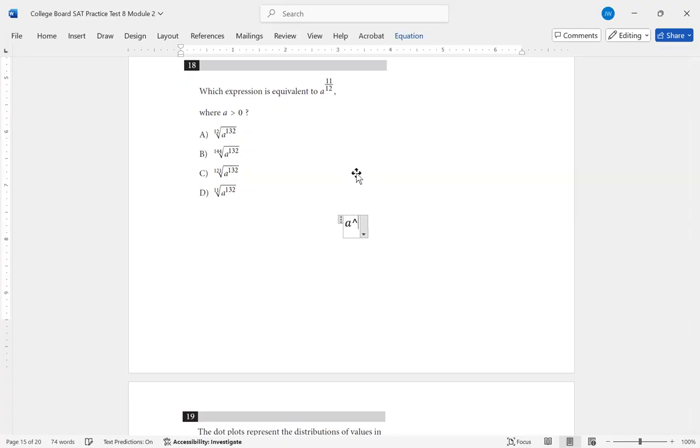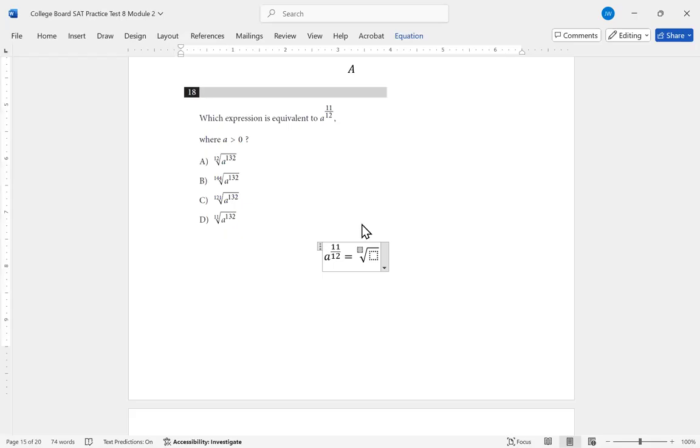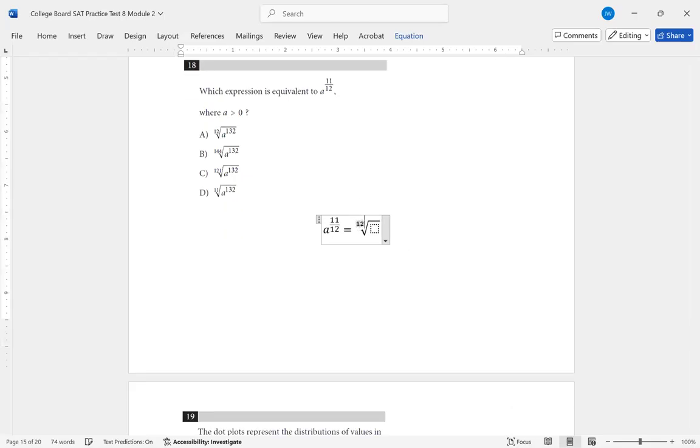We have A to the 11/12 power. Hopefully we know that a 12th power is like a 12th root of something. So let's put in the 12th root. So that's going to be the 12th root of A to the 11th power.